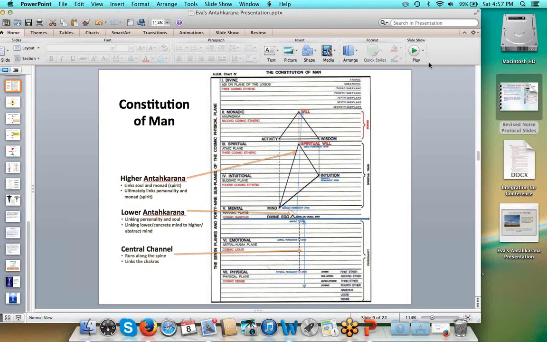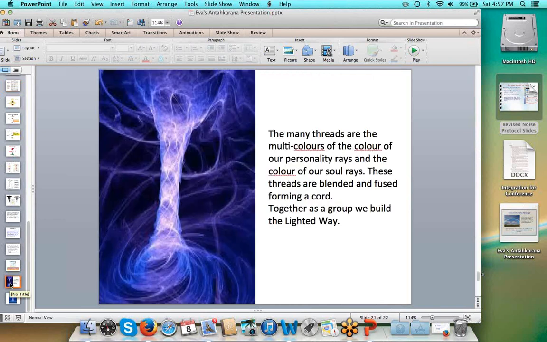So then I work with both those colors, and I put them side by side, and I even twist them like a rope. I work them like a rope, and I see those colors almost like neon. They are so bright, and so alive, and so lighted that those are my individual colors, because it's my soul ray and my personality ray.